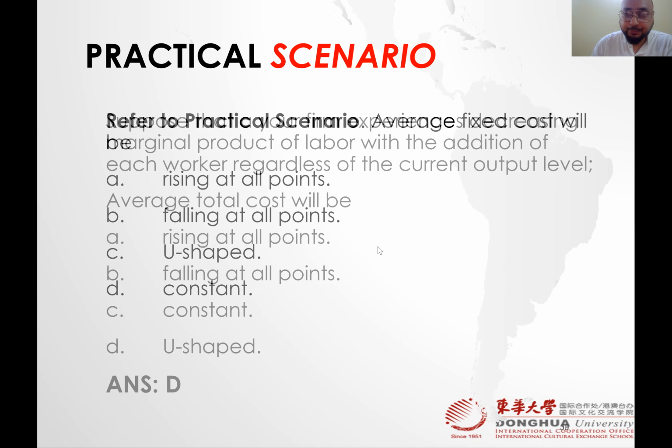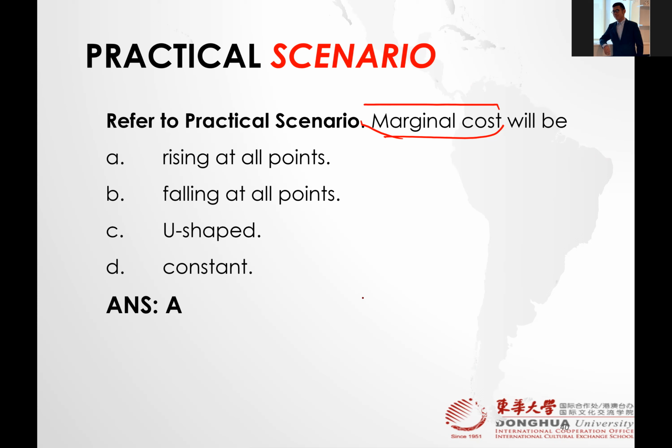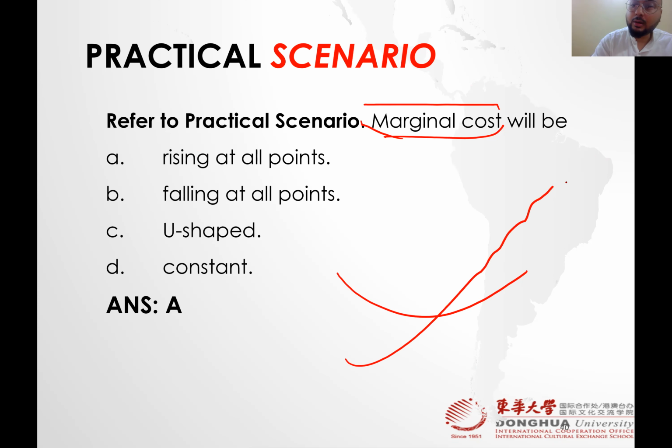Here we go. What will the marginal cost be? Constant, U-shaped, falling, or rising? Not falling, because refer to the marginal cost; this is marginal cost, always rising.